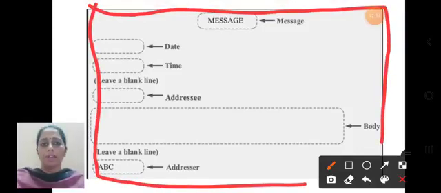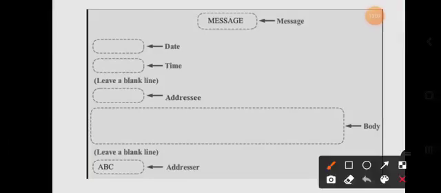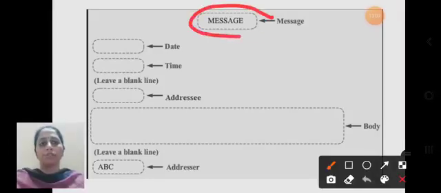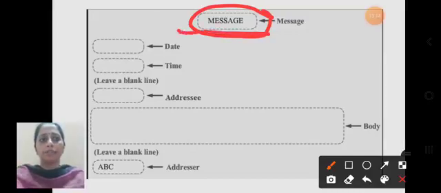I hope all of you have seen this. Then we have the word message written over here on the very first line and in the middle of the line, and that too in capital letters. Then there's a line left over here.